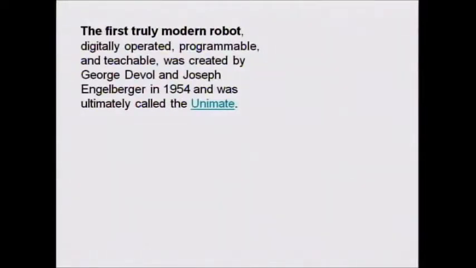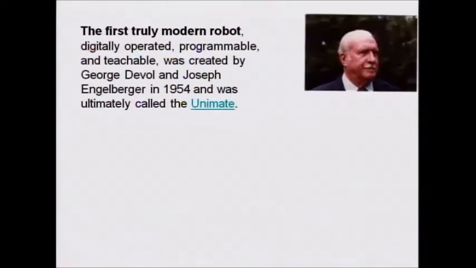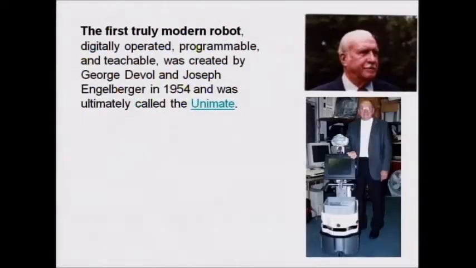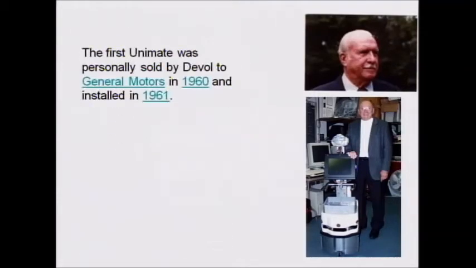Now, the first truly modern robot which has been used in industry was created by two people, an entrepreneur and an engineer, George Devol and Engelberger, who decided to build the first Unimate robot. This first Unimate robot was built in 1960 and was sold to General Motors and installed in one of their factories in 1961.